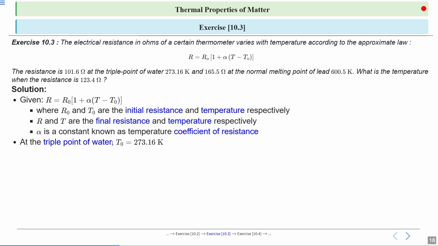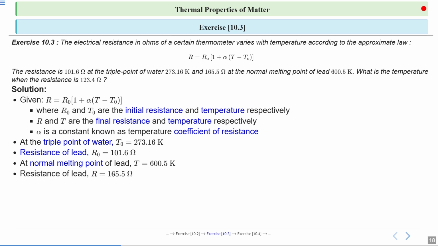At the triple point of water, T naught equals 273.16 Kelvin and the resistance is 101.6 ohm. At the normal melting point of lead, T equals 600.5 Kelvin and the resistance R equals 165.5 ohm.